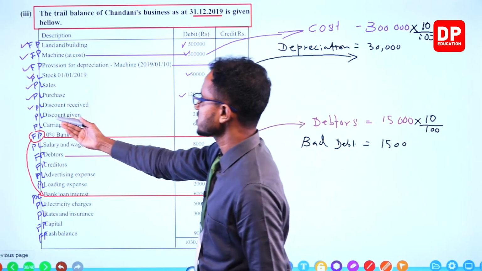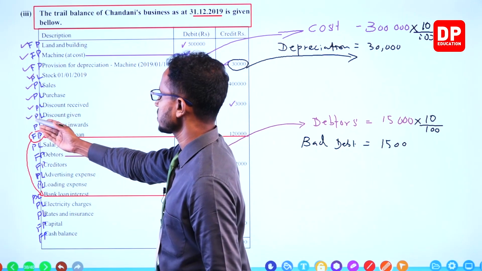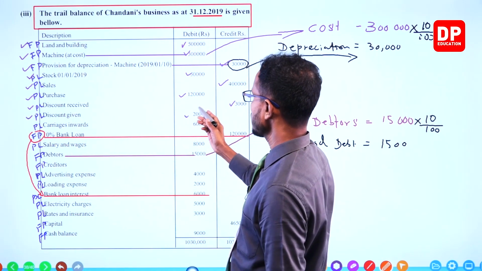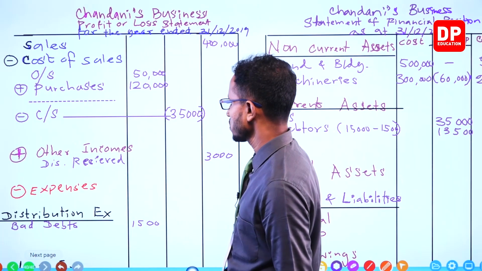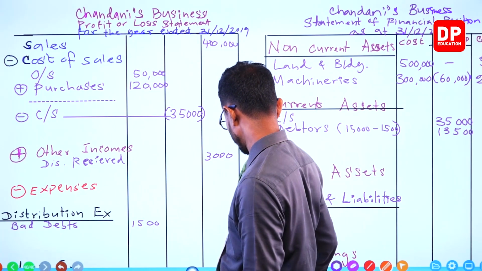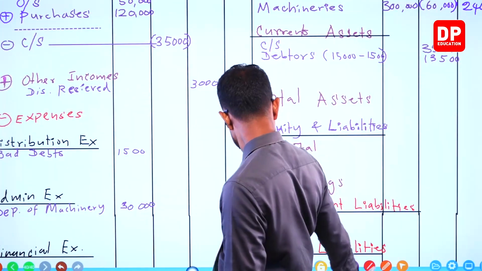Discounts given is discounts allowed. This is discounts allowed. It's an expense.